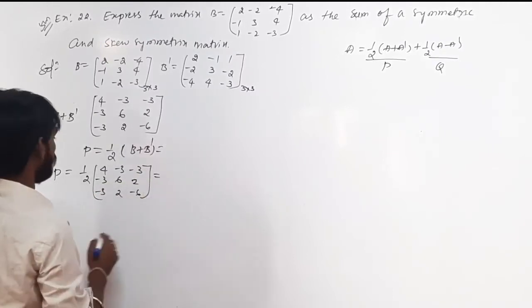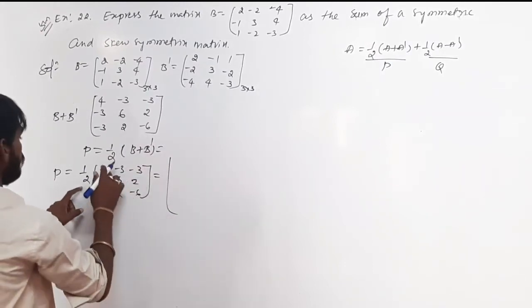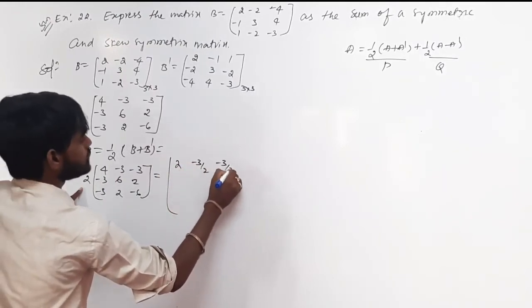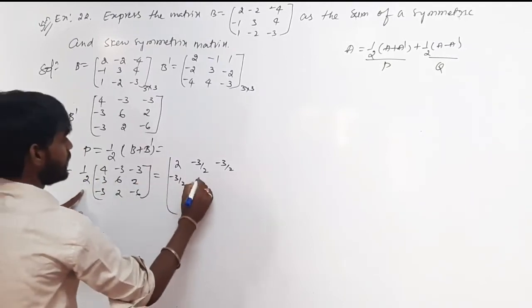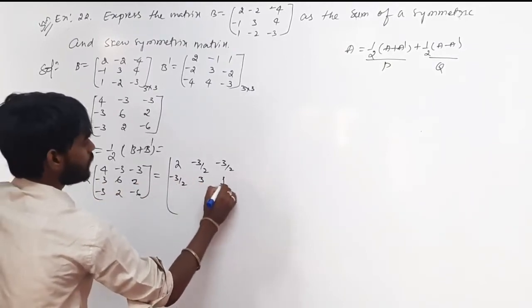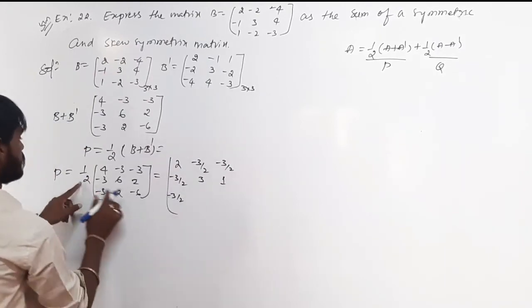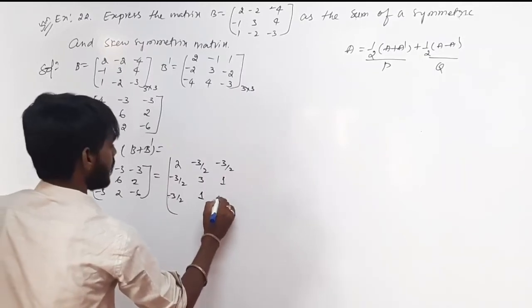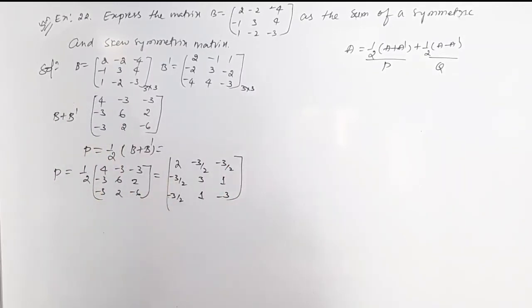Now we multiply these elements by 1 by 2. 4 by 2 is 2, minus 3 by 2, minus 3 by 2, minus 3 by 2, 6 by 2 is 3, then 2 by 2 is 1, minus 3 by 2, next 2 by 2 is 1, minus 6 by 2 is minus 3. This will be the P matrix.